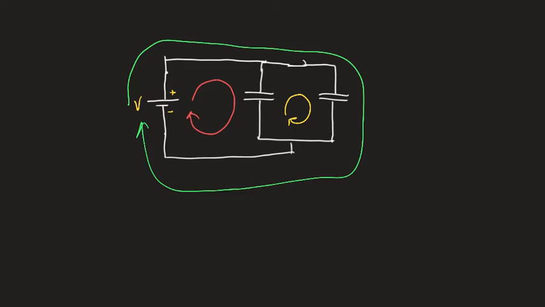If this is capacitor 1, I think we can all agree that this has to be the positive plate and this has to be the negative plate. There's going to be a drop of voltage of V1 as I go from the positive plate to the negative plate. So according to the red loop, V minus V1 has to equal 0.